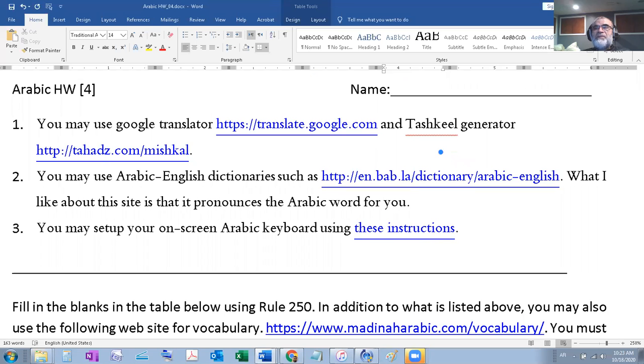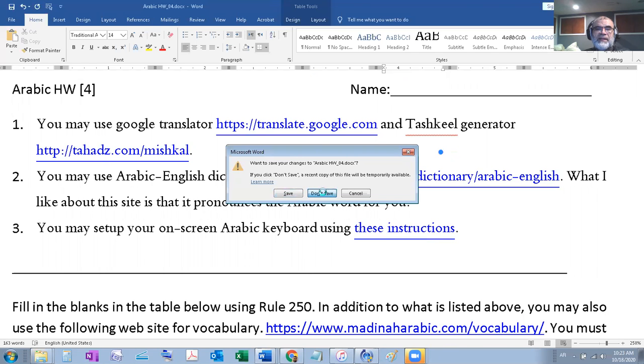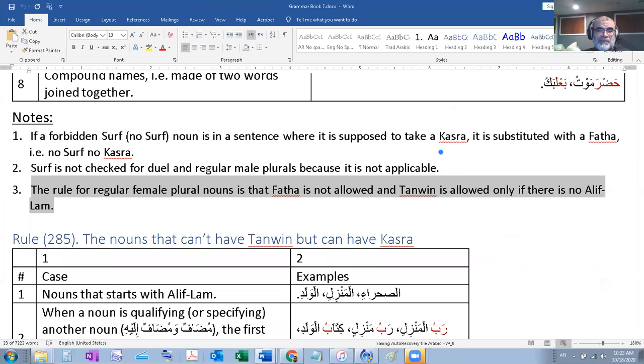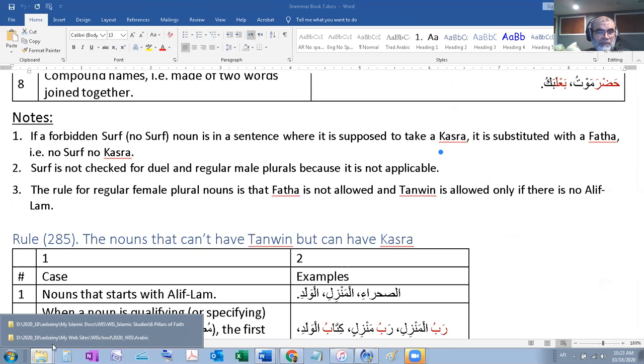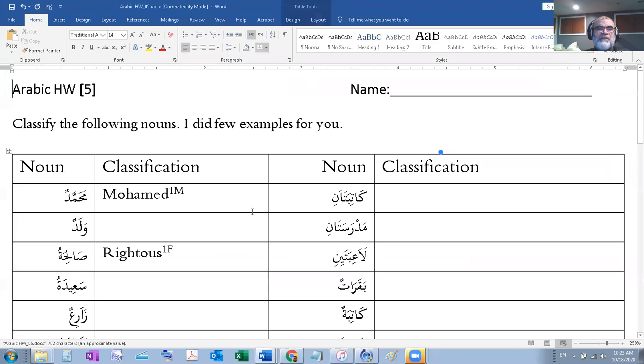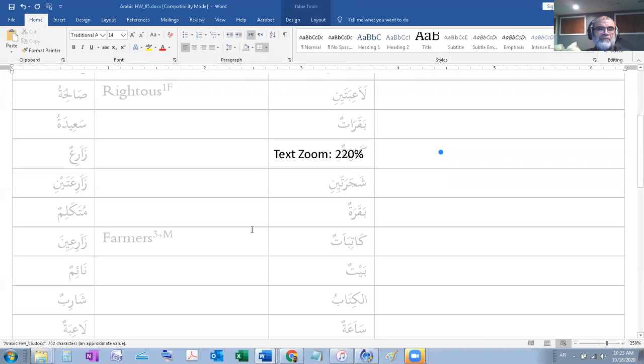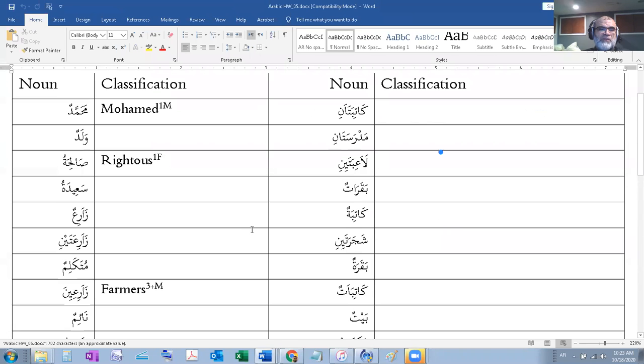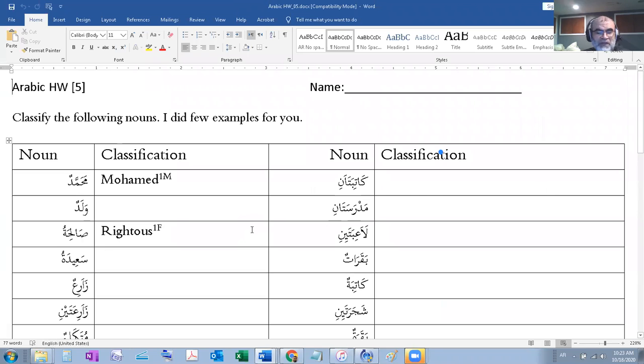Okay. Quick glance over the third homework, fourth homework. Yeah, that was the fourth homework. The fifth homework, classification of words. Okay. Do we have time?